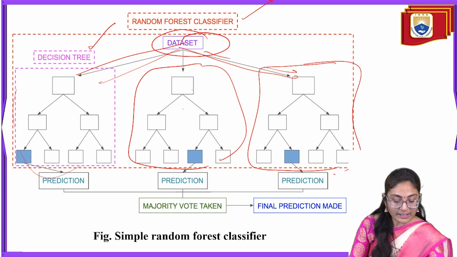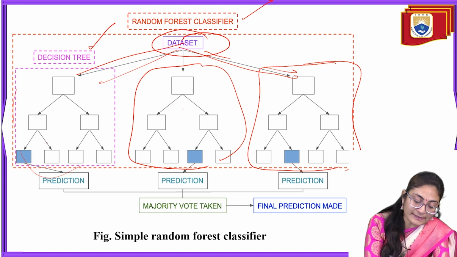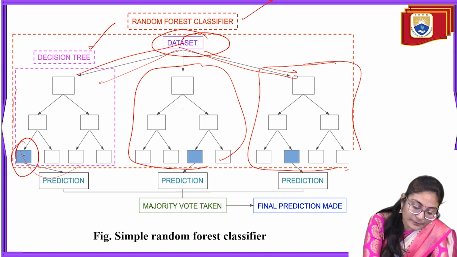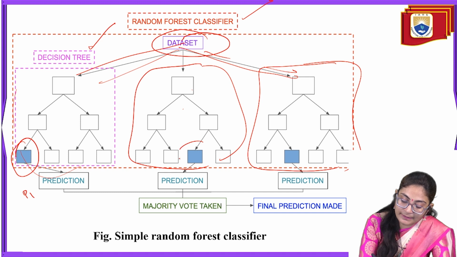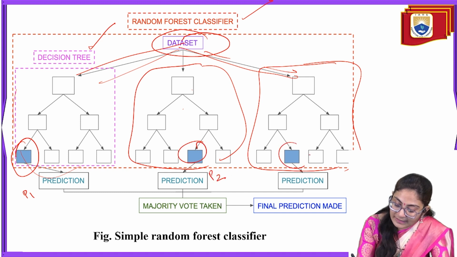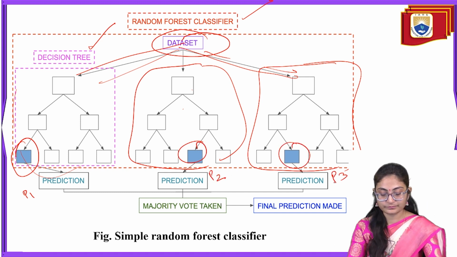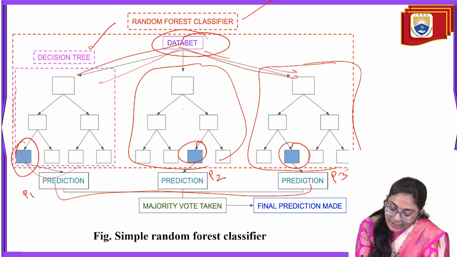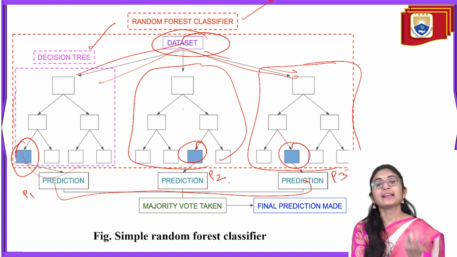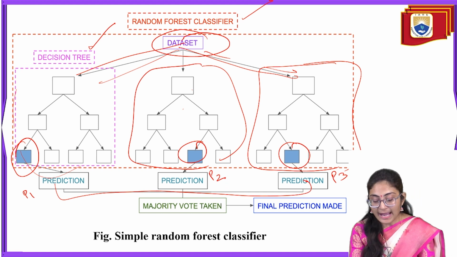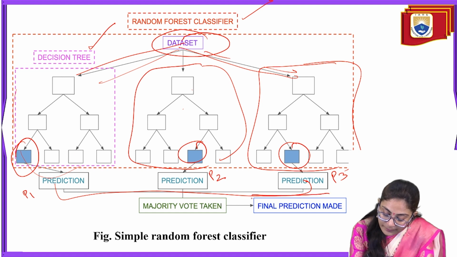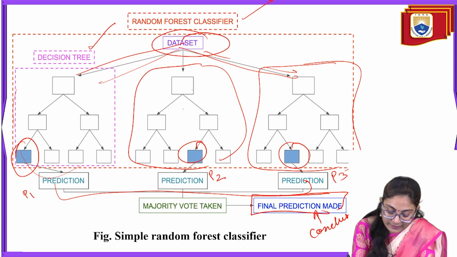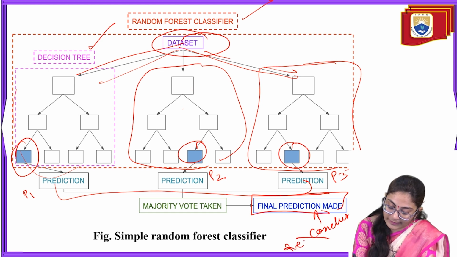On that basis, for example, this is your prediction 1, this is your prediction 2, and this is your prediction 3. When the majority vote is taken after these predictions, on that basis we will find out our conclusion. This will be our result.